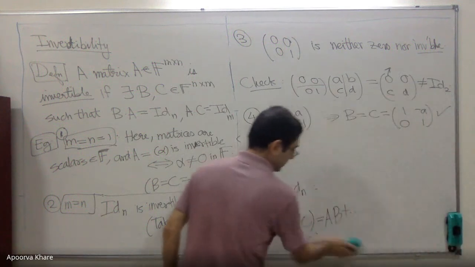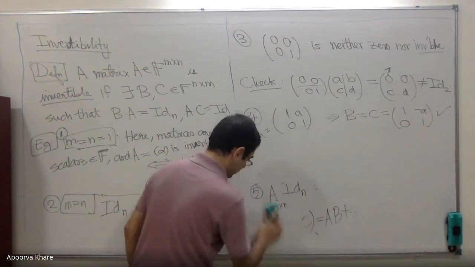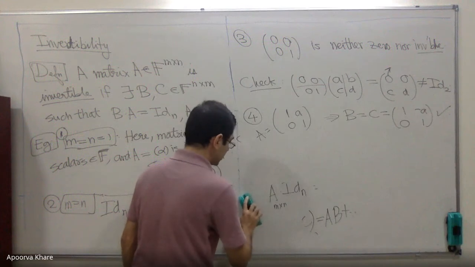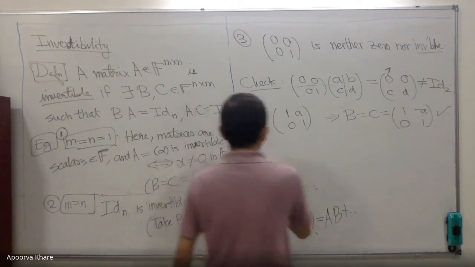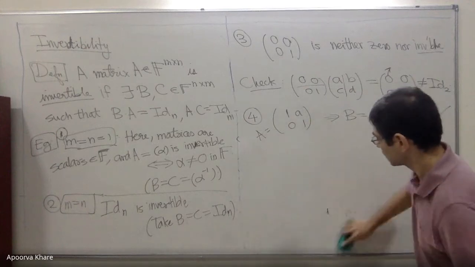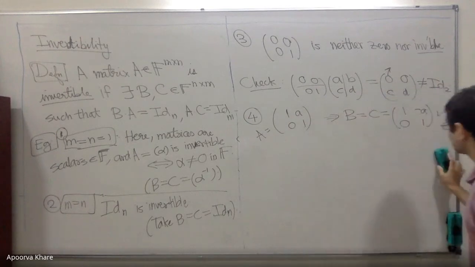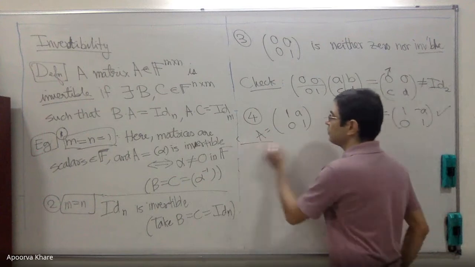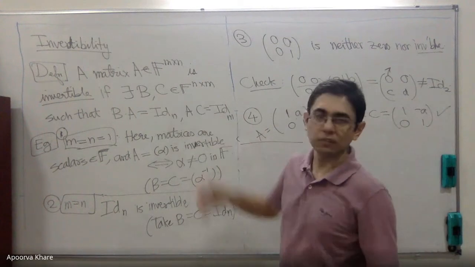In this course, we will actually find this magic number called the determinant and prove that a matrix is invertible if and only if its determinant is non-zero. It's going to be a scalar. But for now, let us look at some more basic properties, given invertibility.